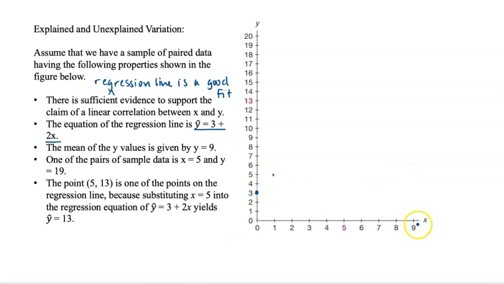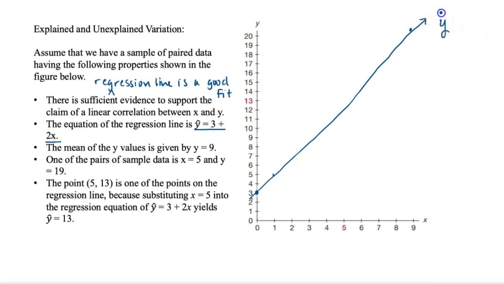From 0 to 9, I've gone to the right 9 places, meaning I'm going up 18 units. I'm going to try my best to draw the straight line because I know this is linear. Good enough. And so this is our linear regression line.